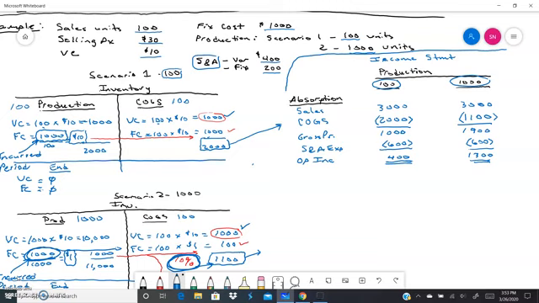All right, so let's take a look at variable costing. So variable costing, again, our income statement is going to follow our variable cost income statement that we had from the previous chapter. Let me just move this up so we have a little bit more room.